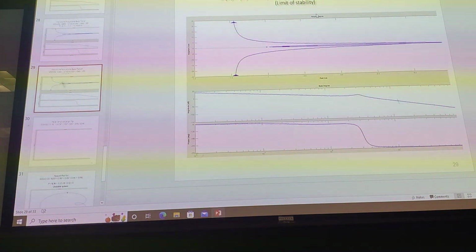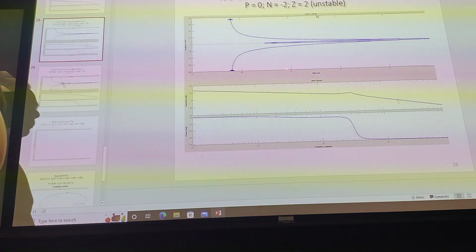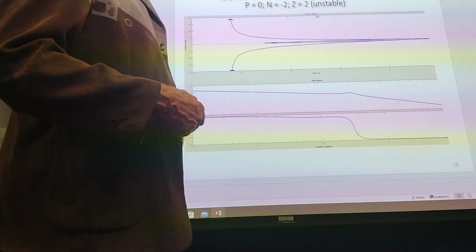But what happens if we increase K? For a bigger value of K, the point minus 1 will be somewhere around here.